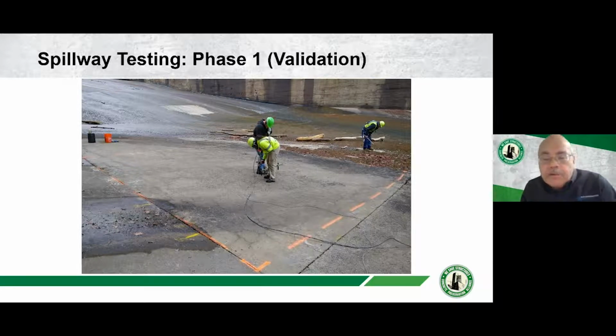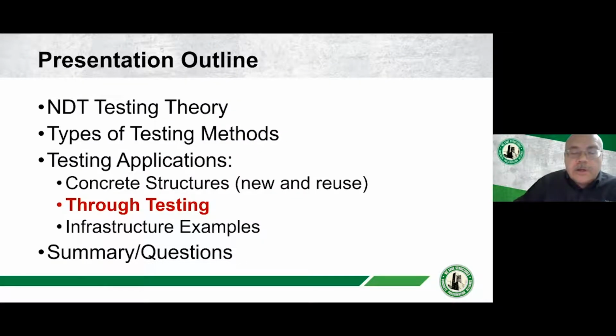But also with the low frequency GPR, we looked below the concrete to determine, was it founded on bedrock, was it founded on fill, or in some cases, was it founded in voids, and was there some sediment transport going on? Excuse me, all three conditions did exist at this one. So one radar antenna quantifies the concrete, another one looks below the concrete.